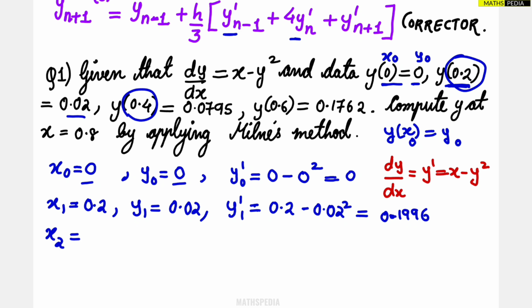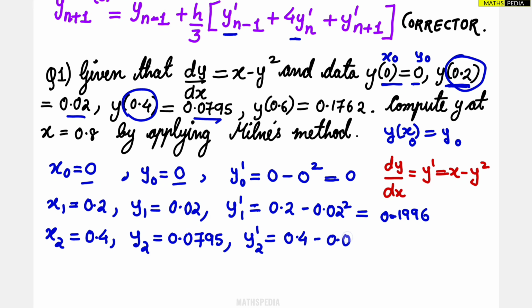Okay, next we go for the x2 value. Inside the bracket is the x value 0.4, then the corresponding y value is 0.0795. So what will be y dash of 2? y2 dash is equal to 0.4 minus 0.0795 square, which is equal to 0.3937.